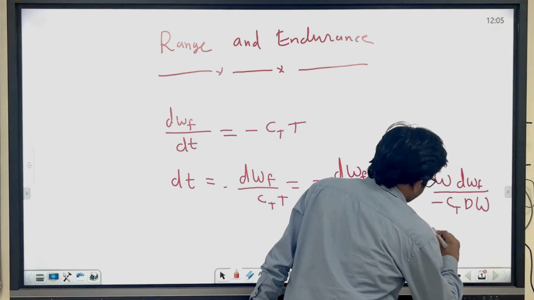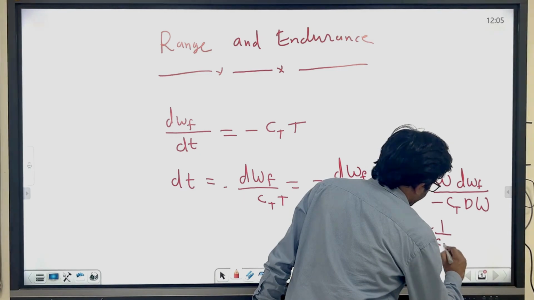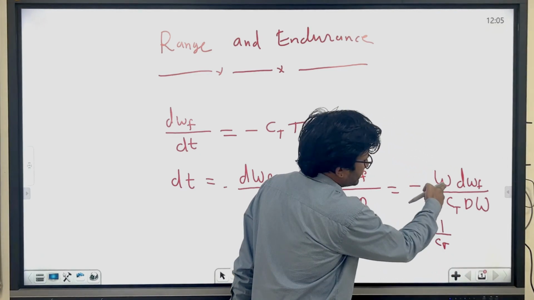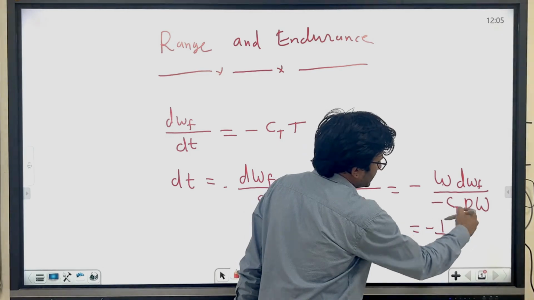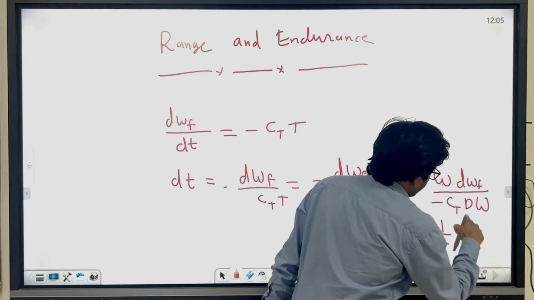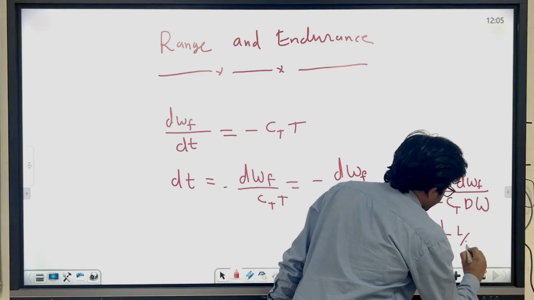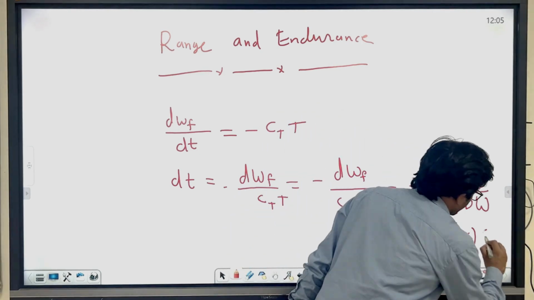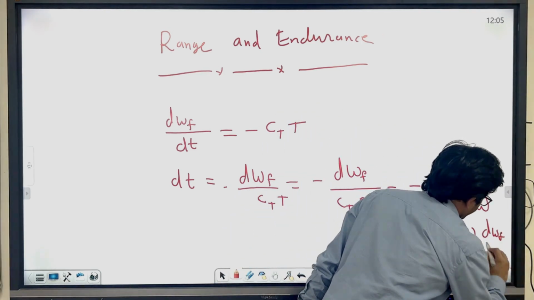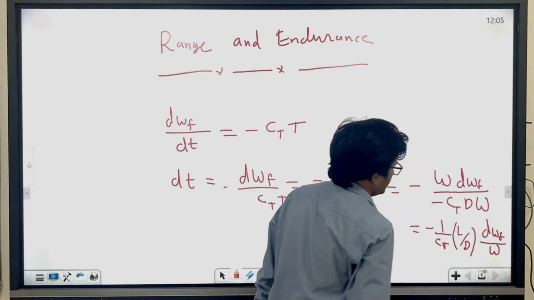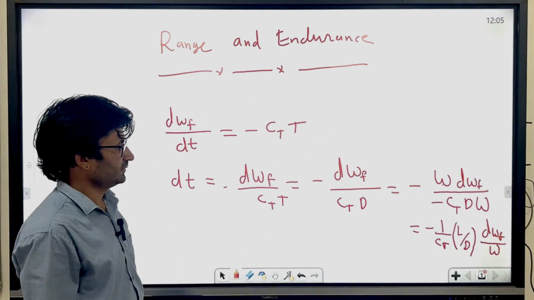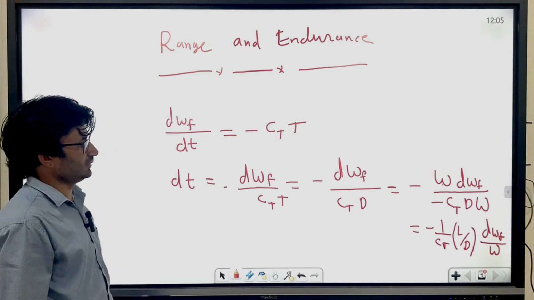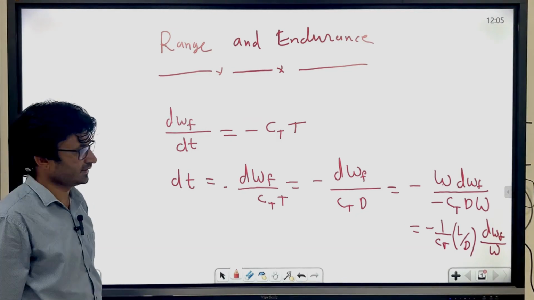So I can take 1 upon Ct, and this I will replace by L, and this is W, and this is D. So L by D I will take separately, and dWf by W I will take separately, right?